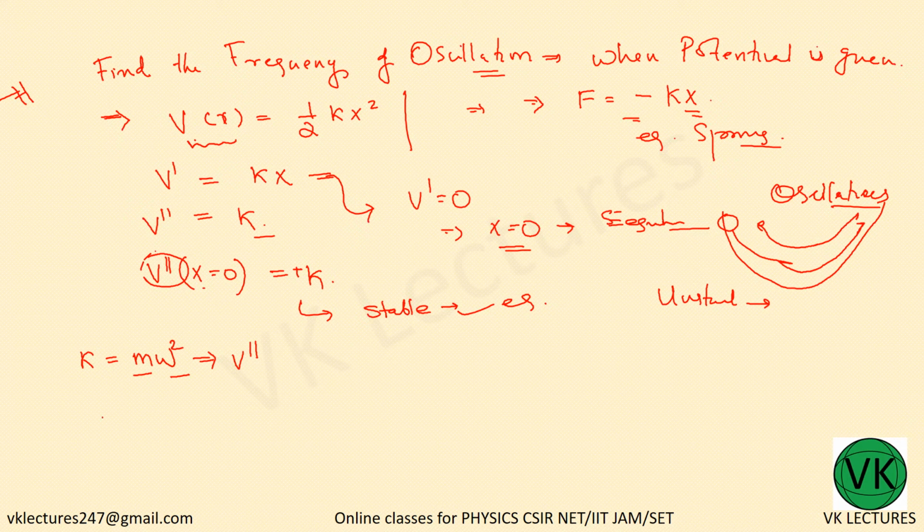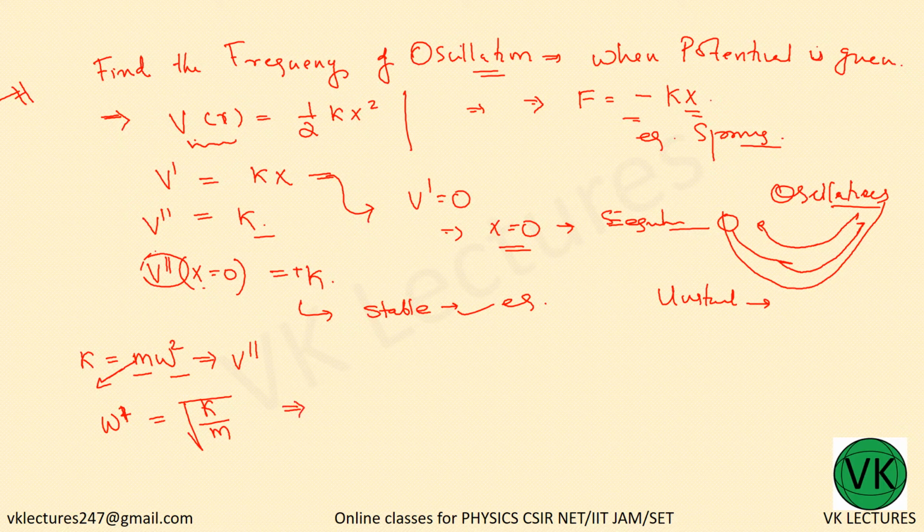Now what we want is omega square or omega. Bring this m to the left, and omega square is equal to k by m, and omega will be equal to under root k by m.